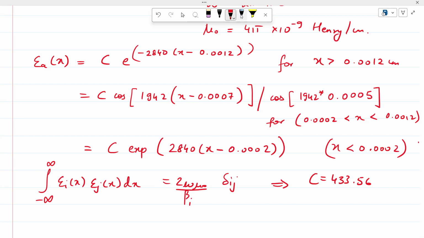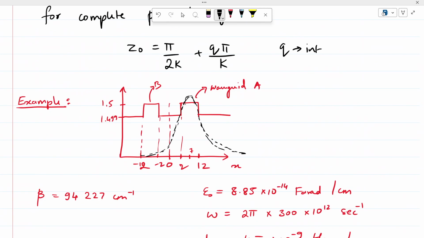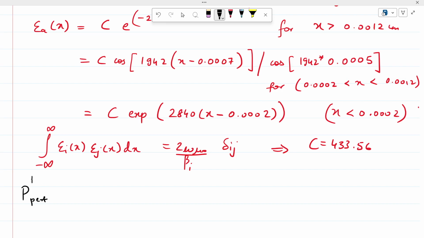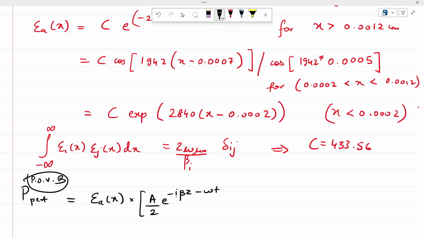So next thing is to write down the perturbation. So what will be the perturbation? So P pert, I'll write it down from the point of view of waveguide B. So we have the intensity in A, we'll write it down from the point of view of waveguide B. Okay, so P pert will be equal to, so now the intensity is in A, so EA of x times the amplitude, obviously, e power minus I beta z minus omega t, because we have to write the entire electric field into the change in refractive index.